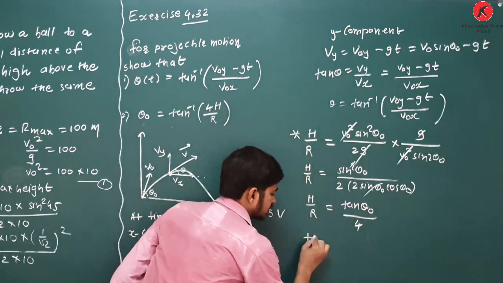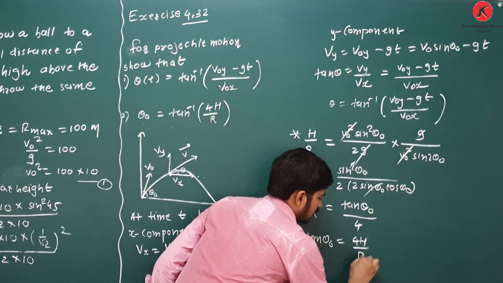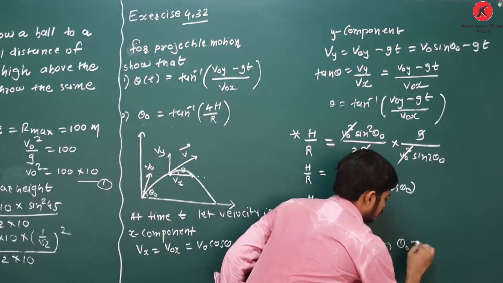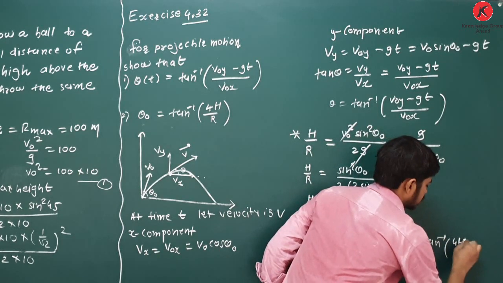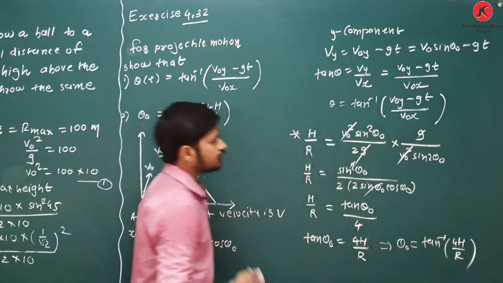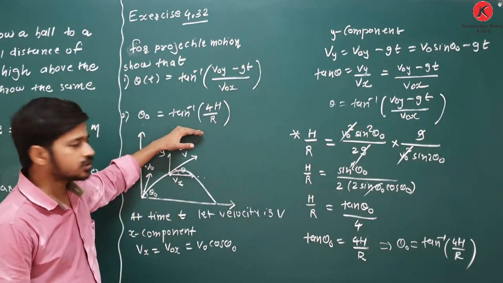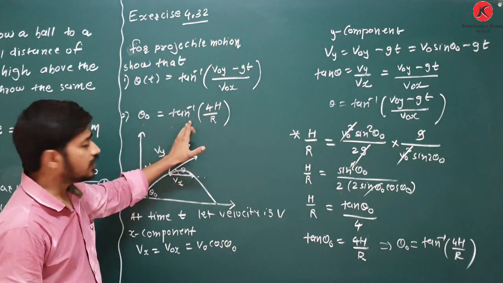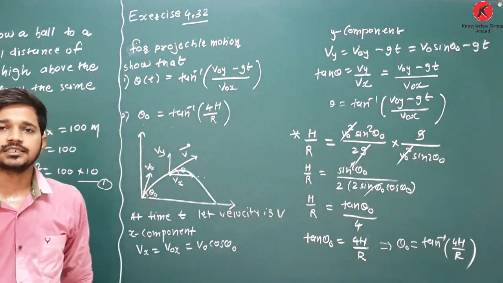Make tan theta 0 the subject: tan theta 0 is equal to 4h upon r. Now make theta 0 the subject: theta 0 is equal to tan inverse 4h upon r. That is your answer. Sometimes in prove-that questions, you will be given a hint: take the h upon r ratio and you will get your answer.